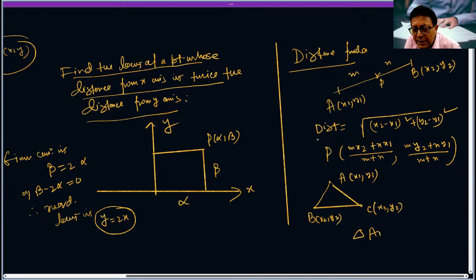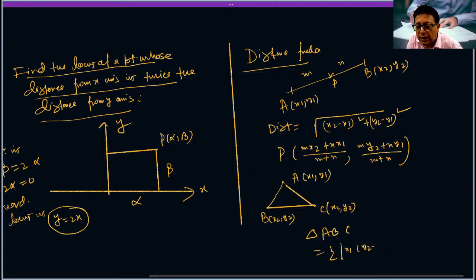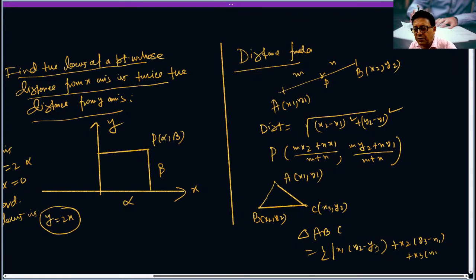Area of this triangle ABC is half mod of x1 (y2 minus y3) plus x2 (y3 minus y1) plus x3 (y1 minus y2).